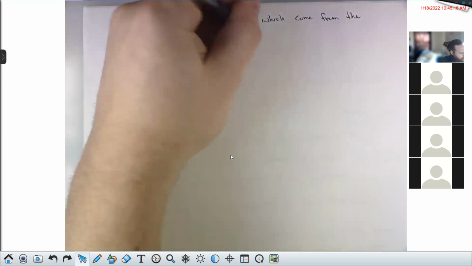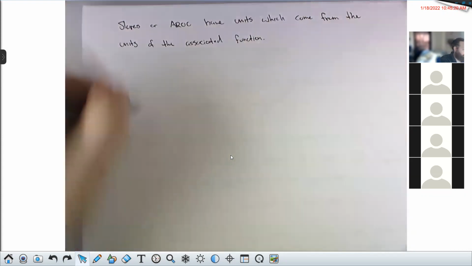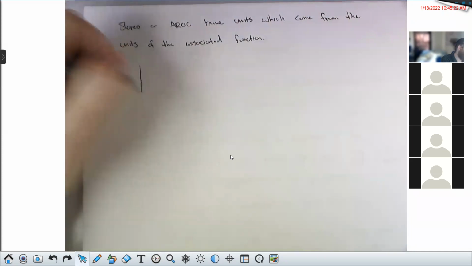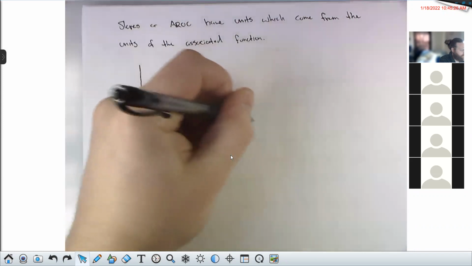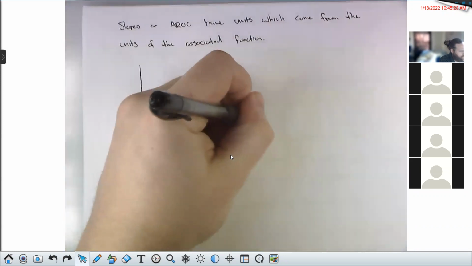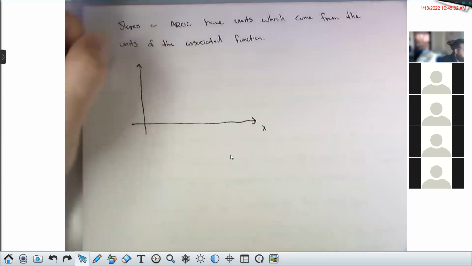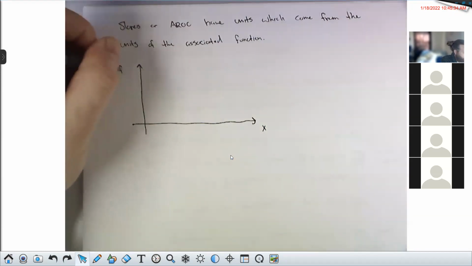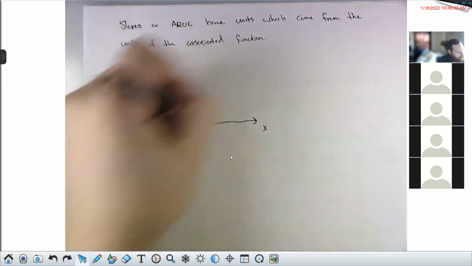I'm going to draw a picture here, and this picture isn't going to be a linear function, but of course it could be. I'm just going to draw a standard function, an arbitrary function. All right, so here's the x-axis. This is y equals f of x. And maybe my function looks something like this.